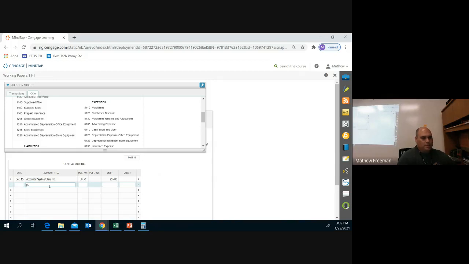Purchases returns and allowances. Put the S on the purchases. And then we're going to credit that for the 255. We'll come back over here and look at the next one.